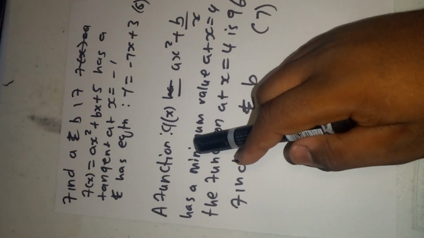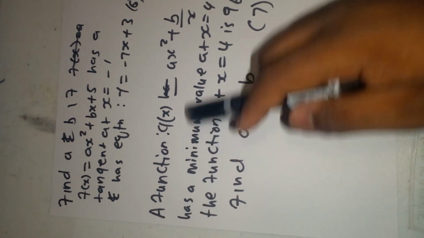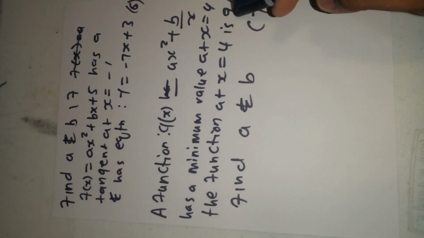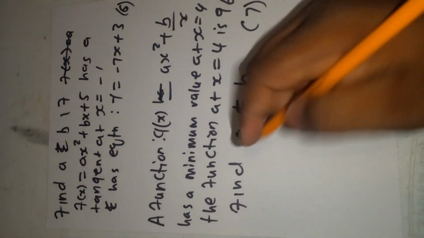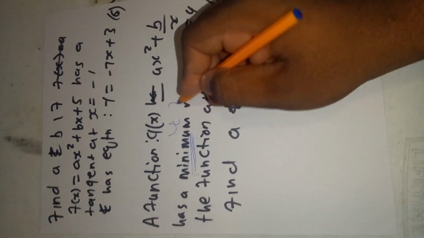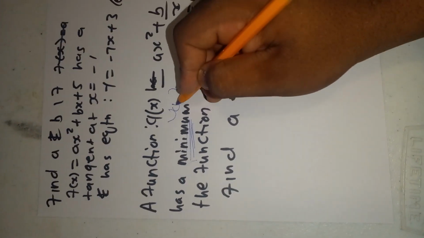You see, minimum, the one where I said the gradient is equal to 0, at x equals 4. The function at x equals 4 is 96. Find a and b. Basically meaning that the coordinates, this is now the minimum, the turning point. So it basically means the coordinates here are 4 and 96.